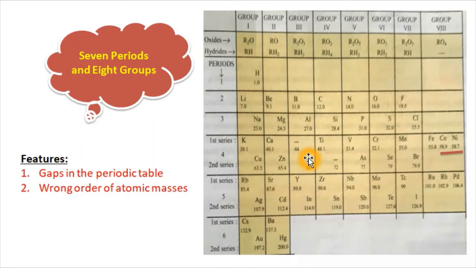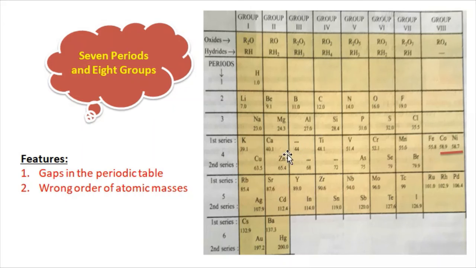Now, in order to make sure that the elements having similar properties fell in the same column, same group, Mendeleev left some gaps in his table, which were left for the elements not known at that time. Mendeleev thought that these elements would be discovered later on, and he even predicted the properties of these undiscovered, unknown elements by studying the properties of the neighboring elements.